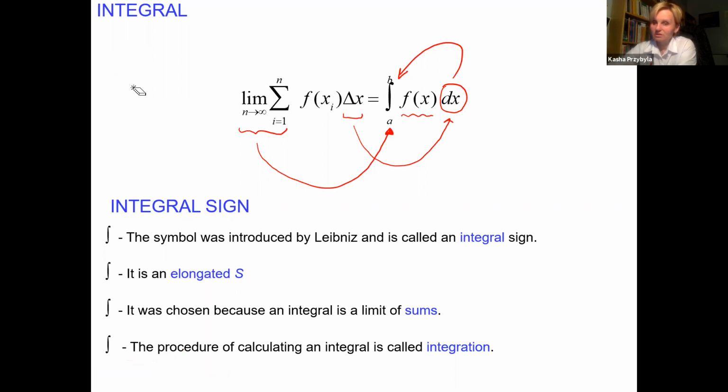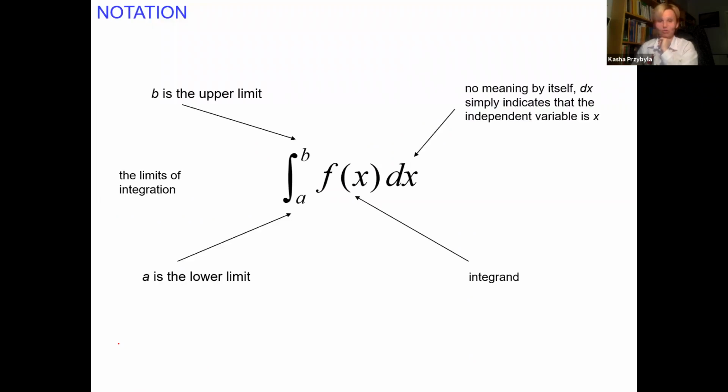I will erase this to avoid confusion. The integral symbol, of course, is an S. A and b we call the limits of integration, the lower limit and the upper limit.